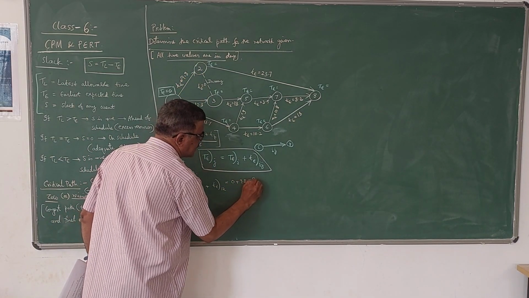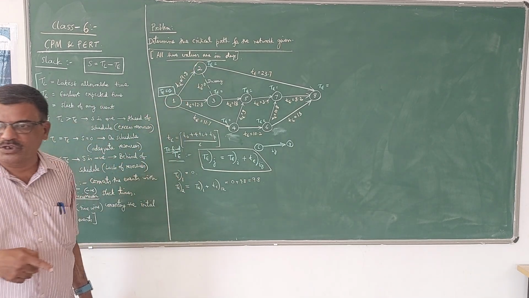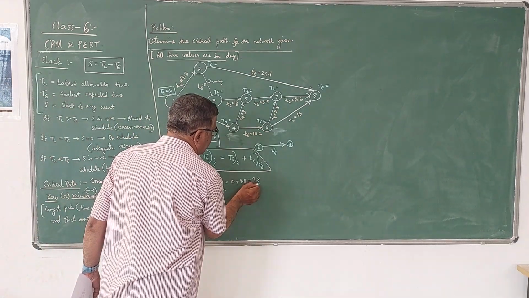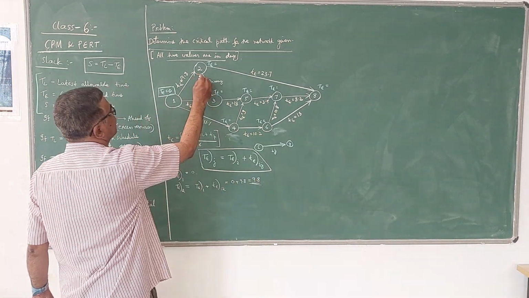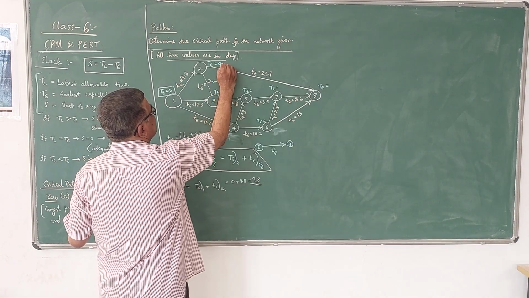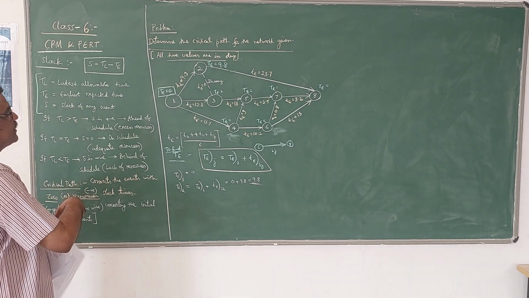So 0 plus 9.8. There is only one arrow towards 2, therefore one value will be there. So this is the value of TE for the second event, 9.8 days.